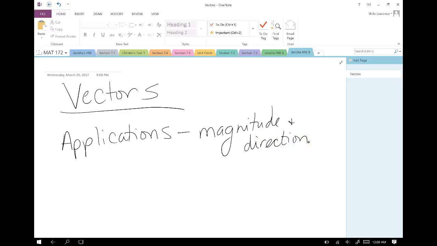And that's really the definition of what a vector is.